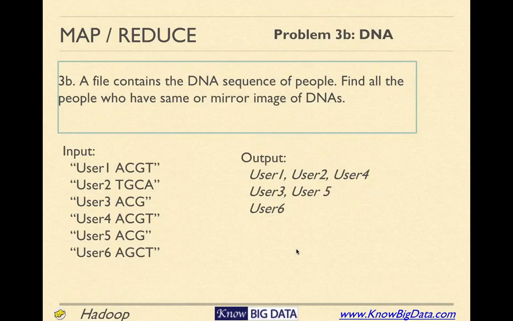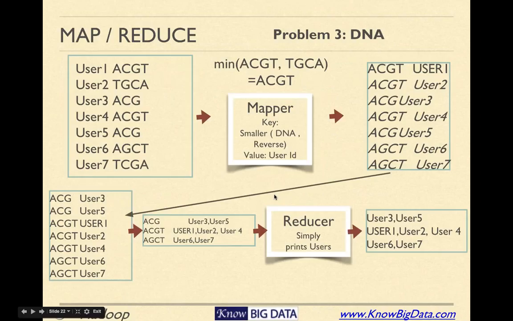Okay, now what do you do in this? You take the DNA of a person, reverse it, then compare the original DNA and the reversed DNA, and whichever is smaller, you pick it. Effectively, all the people whose DNA is either a mirror or the same will always have the same key.